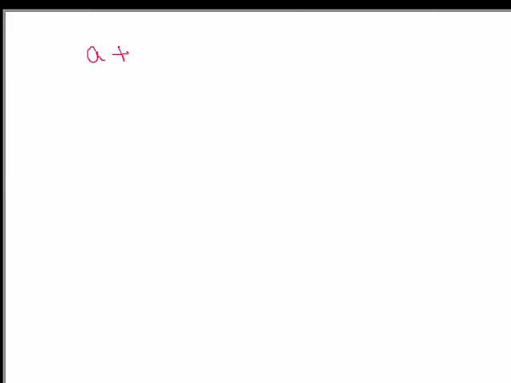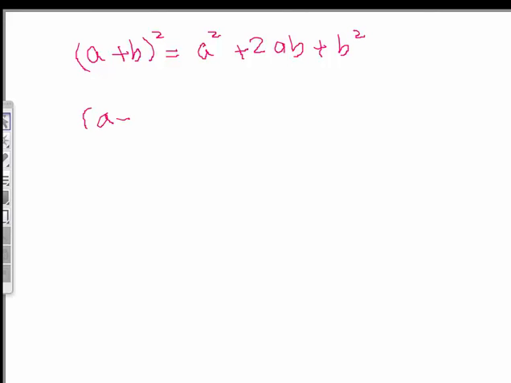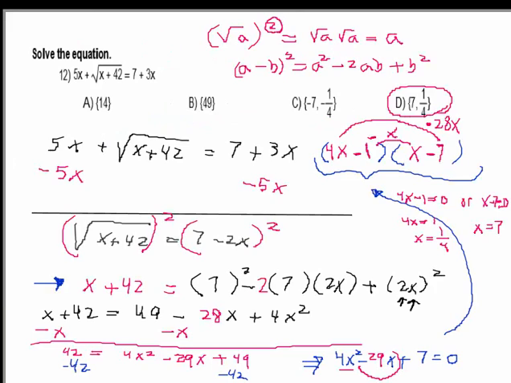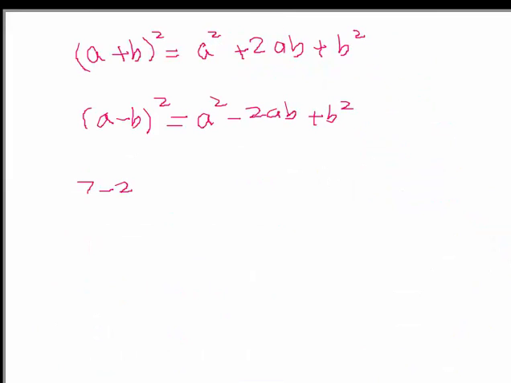Don't forget, let me just write this down one more time. A plus b squared is a squared plus 2ab plus b squared. And a minus b squared is a squared minus 2ab plus b squared. And a and b are always positive. So in this case we have 7 minus 2x squared.